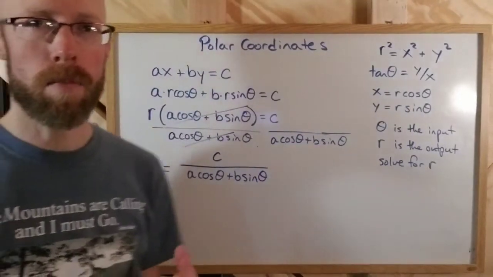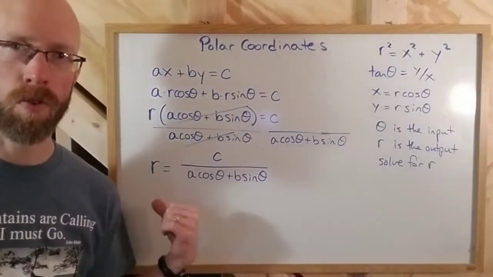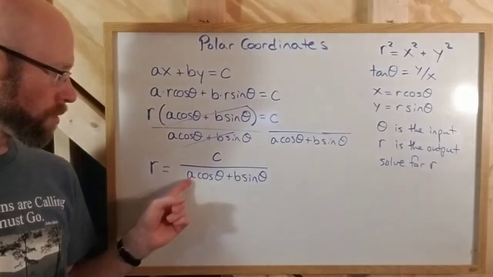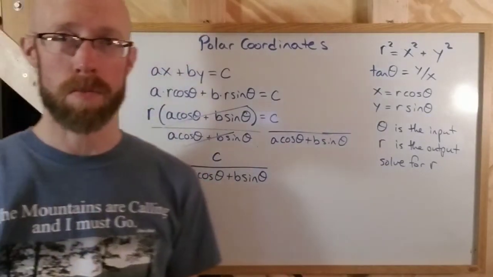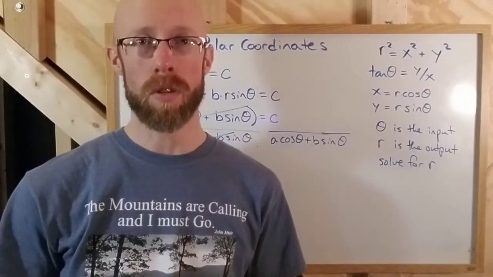Right, so any polar equation that's in this form, where you have a constant over a constant times cosine plus a constant times sine, that's going to be your linear equation.